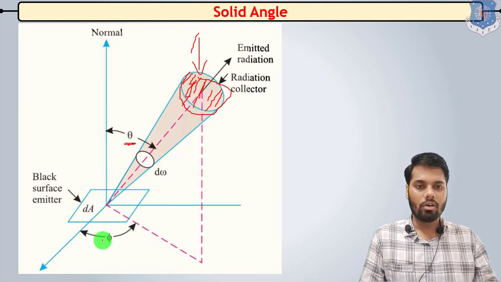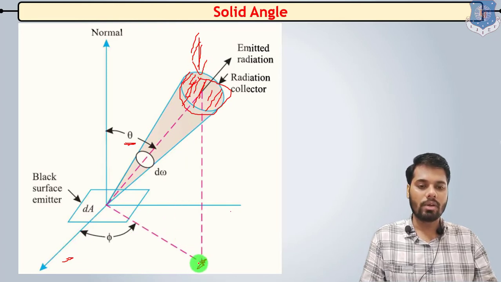If we draw a top view projection of this area on our xy plane, with x-axis and y-axis, and connect this projection with the center, the angle made with the x-axis is known as the azimuth angle.